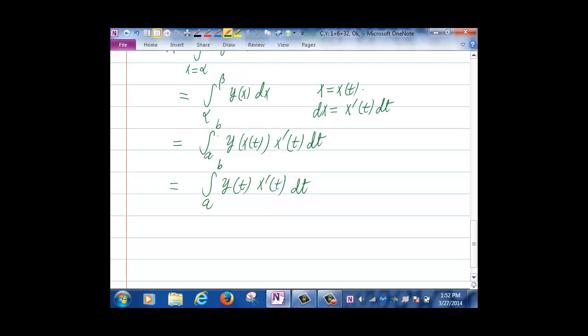Then if I look at y of x of t, I get y of sine t, and then I get sine t squared. So my point is I am expressing the function y in terms of t when I do that. That's the same as y as a function of t.